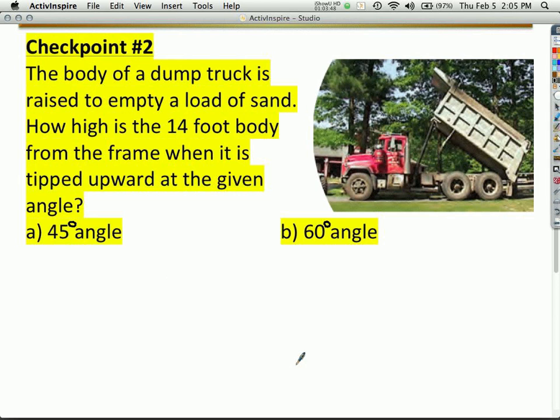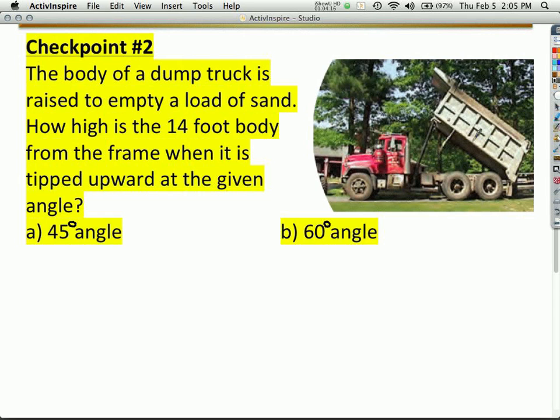So you have this truck, and using this arm, it can push up or come down. And when it pushes up, the body, this is calling this the body, I would call it the dump truck part of the truck, gets pushed up further. And so it's 14 foot from right here to here.